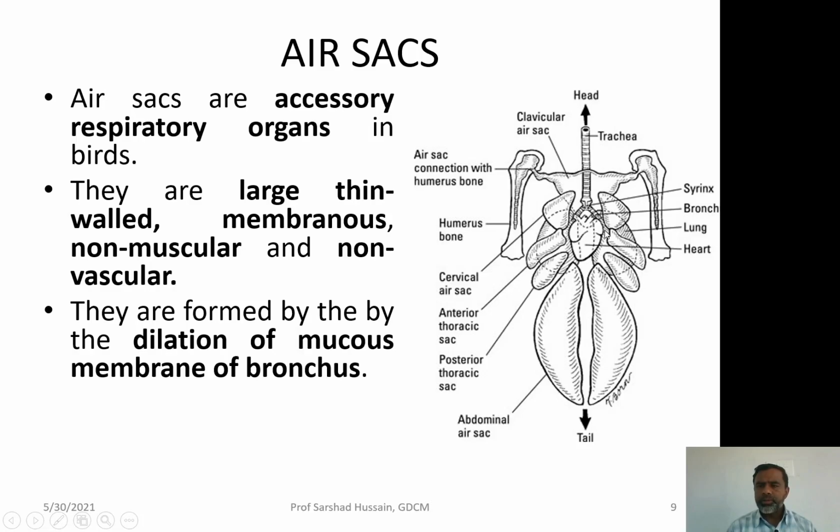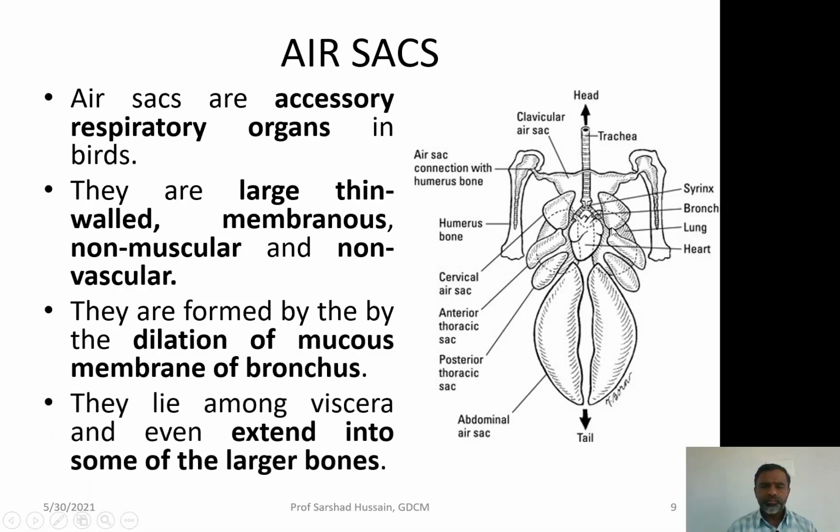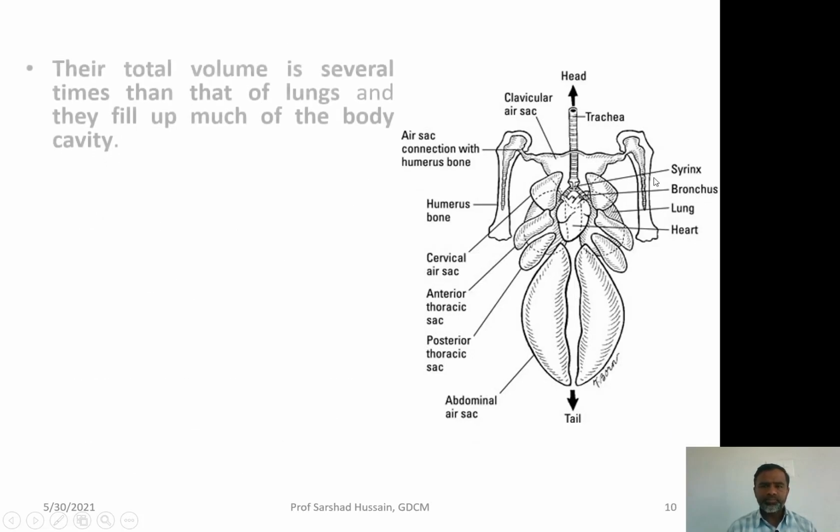From the bronchus, the wall sometimes gets enlarged to form the air sacs. The air sacs lie among the viscera of the body, and I have already told you they extend into the larger bones as well.